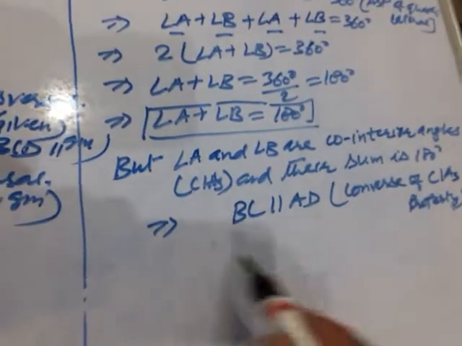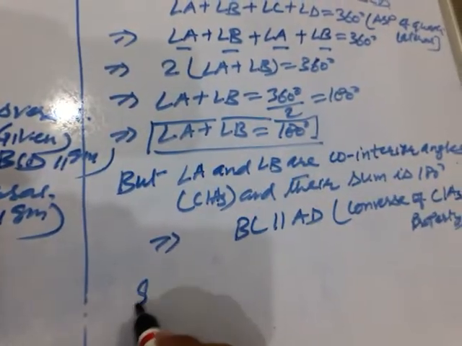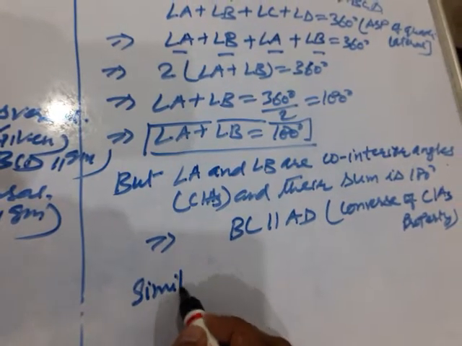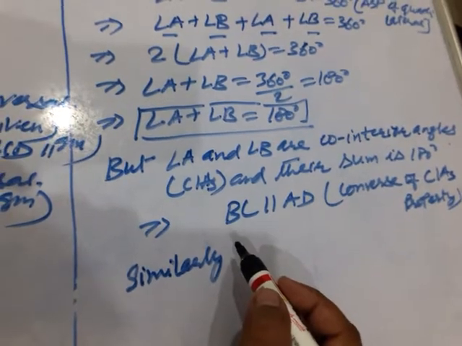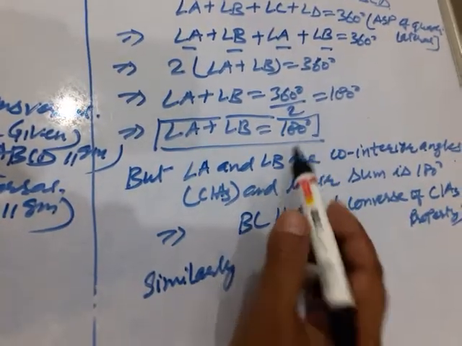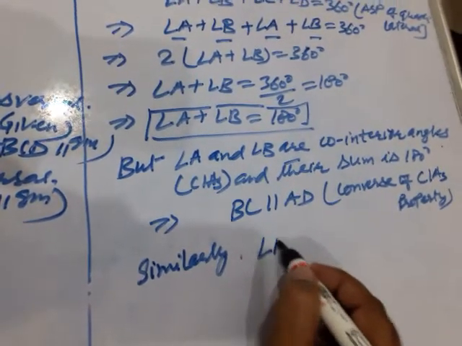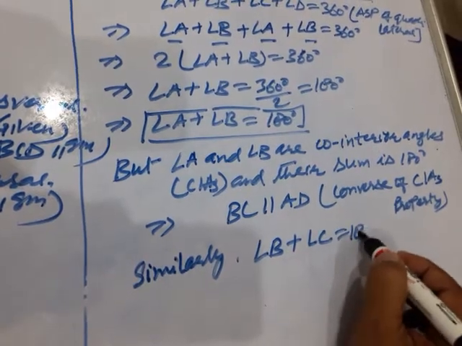Okay children, now again see, similarly what we can show. Similarly, angle B plus angle C equal to 180 degrees.